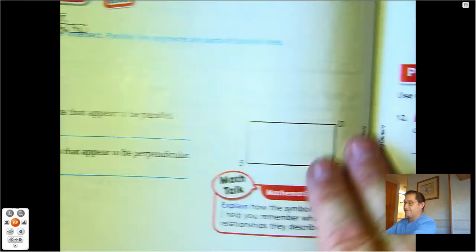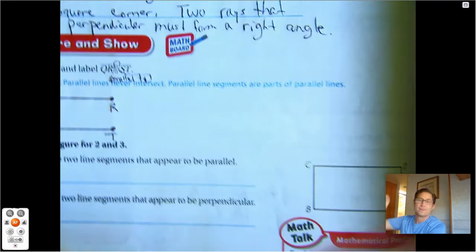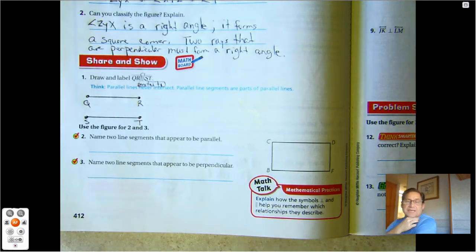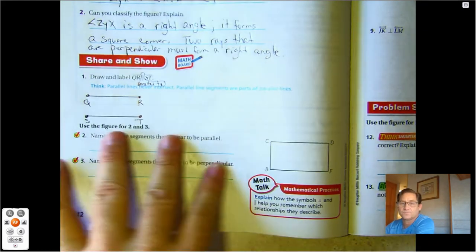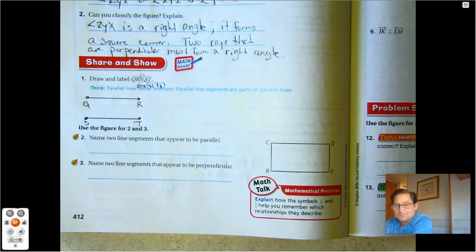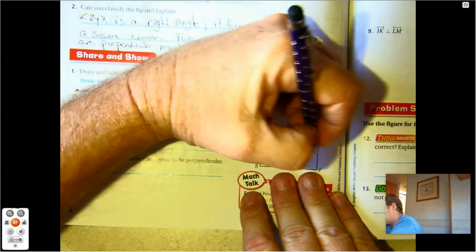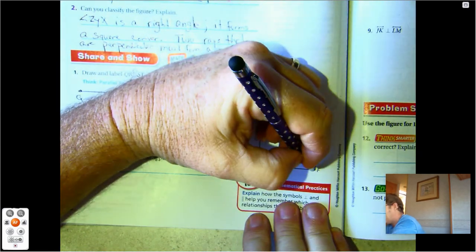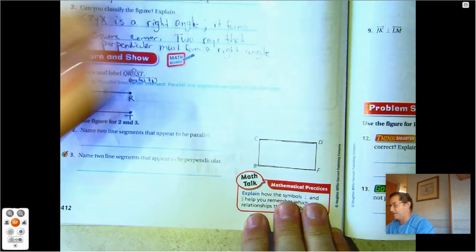All right, now looking at the figure, name two line segments that appear to be parallel. Well, there's a couple possibilities here because I see that CD is parallel to BF.